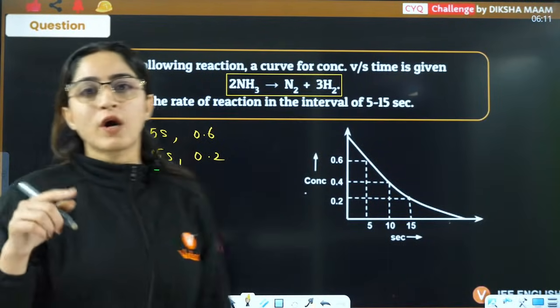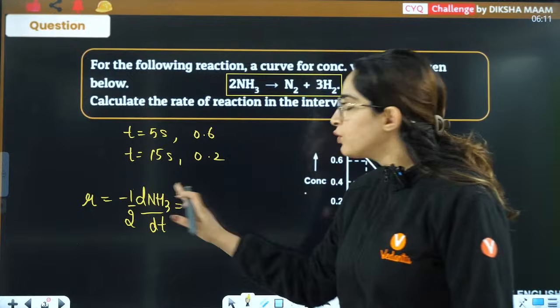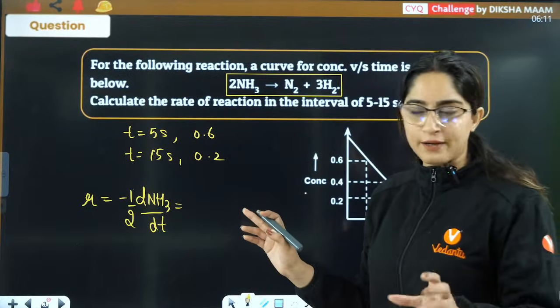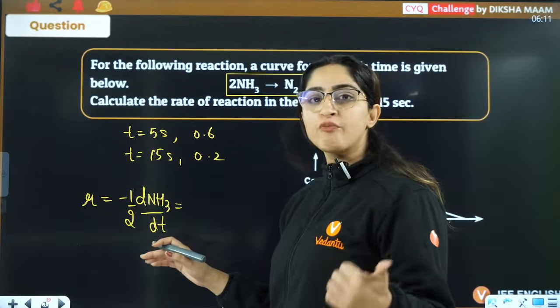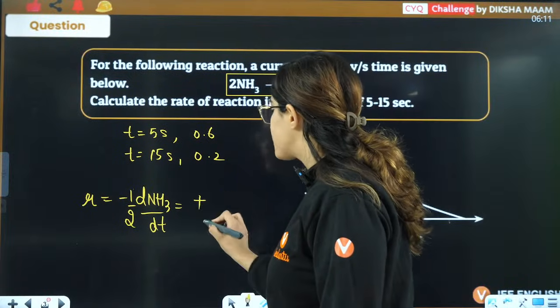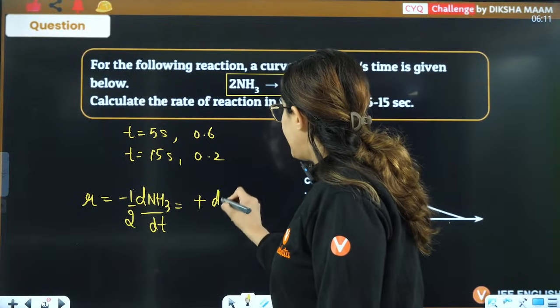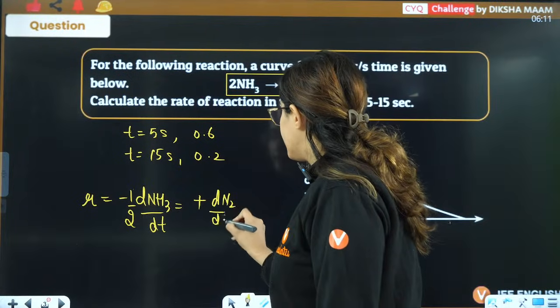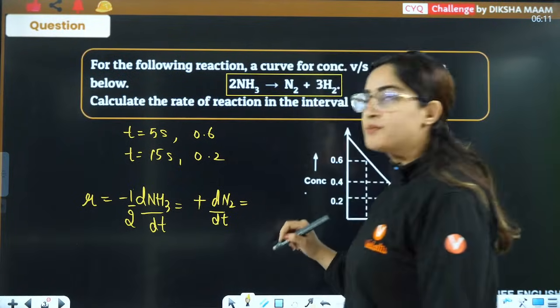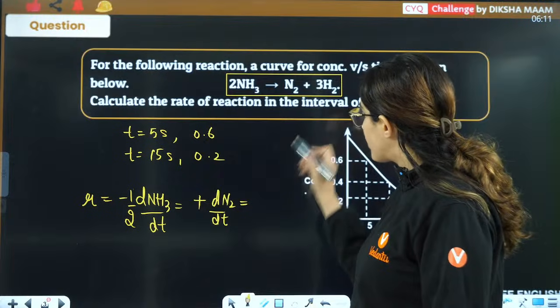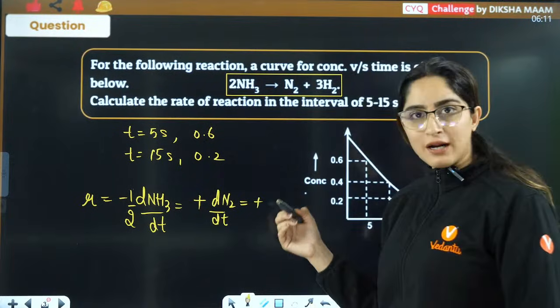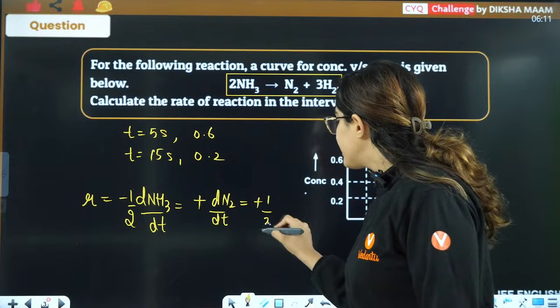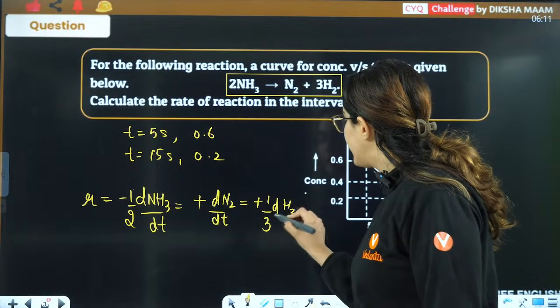Whenever you write it in terms of reactants, you have minus; in terms of product, you have plus. So this will be plus dN2 by dt, and in terms of hydrogen it will again be positive because it is on the product side, but it will be 1 by 3 dH2 by dt.